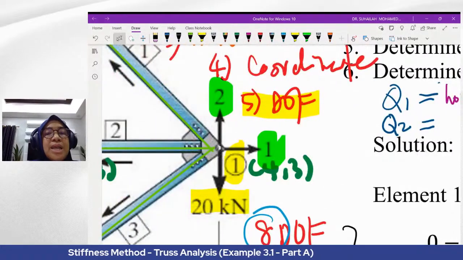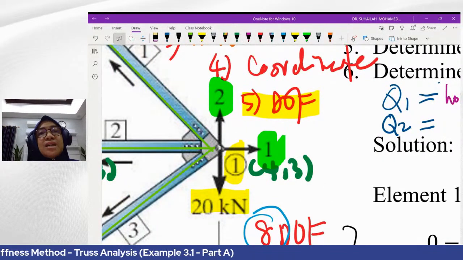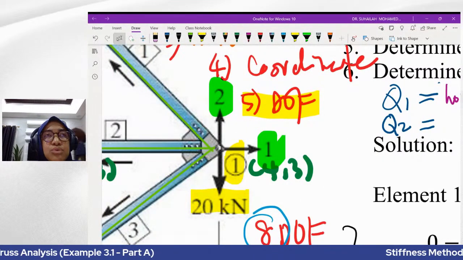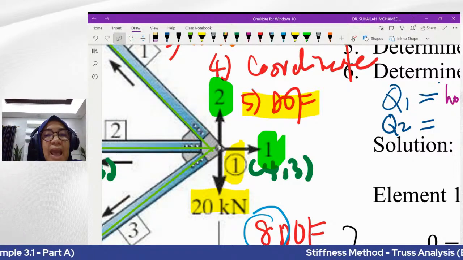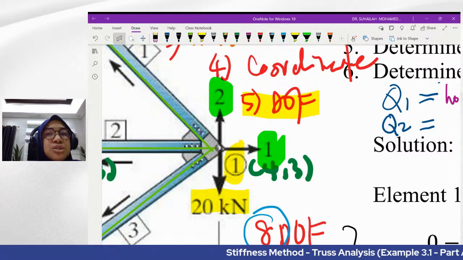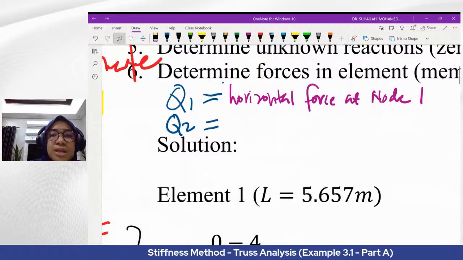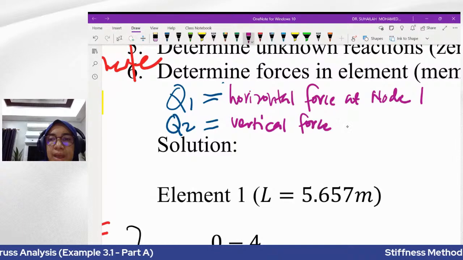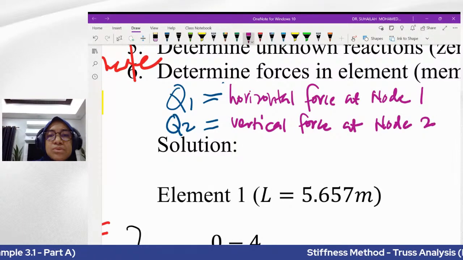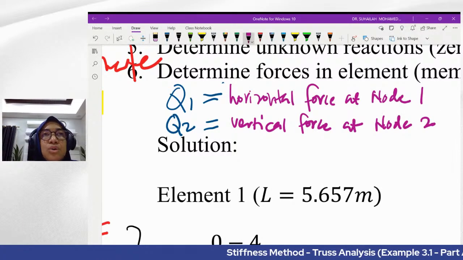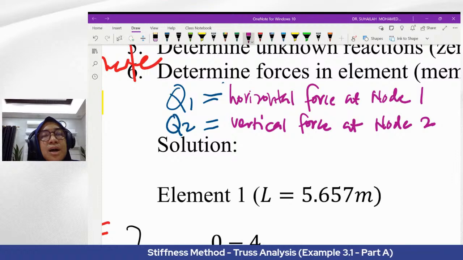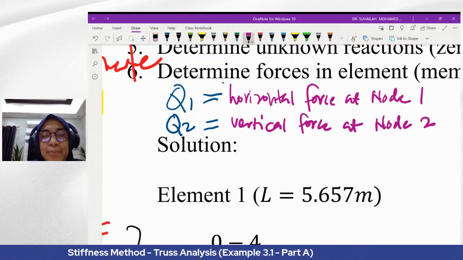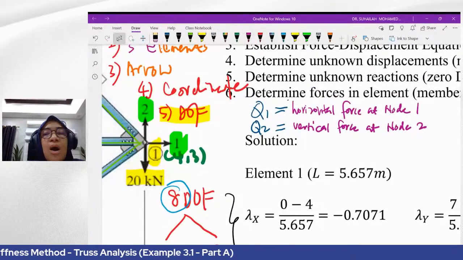Q2 is a vertical force at node number 1. So read the value given in the diagram.